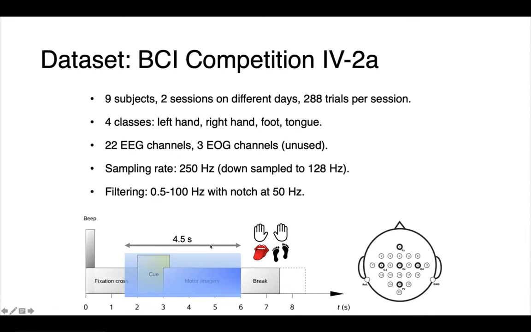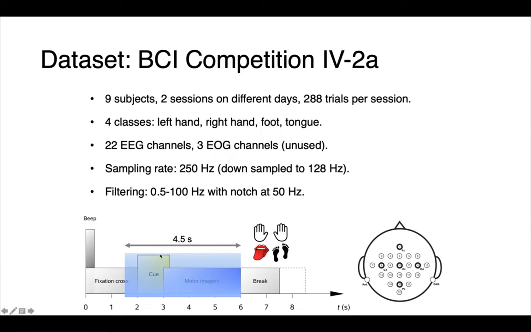Those are motor imagery trials. So let's look at the trial here. This is the paradigm of the experiment. For each trial, the subject will first hear a beep sound along with a fixation cross at the center of the screen. And then there will be a cue showing what type of motor imagery the subject is instructed to do in the following imagery session. It could be either left hand, right hand, tongue, or feet.